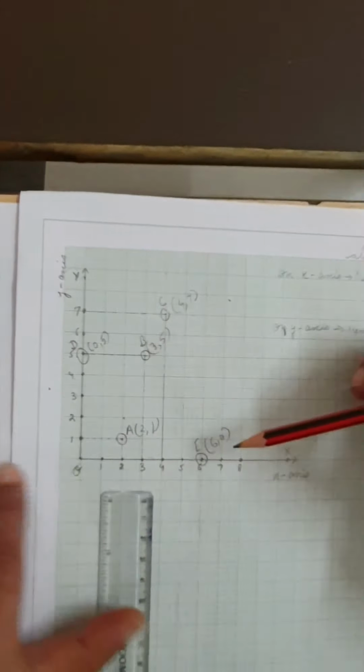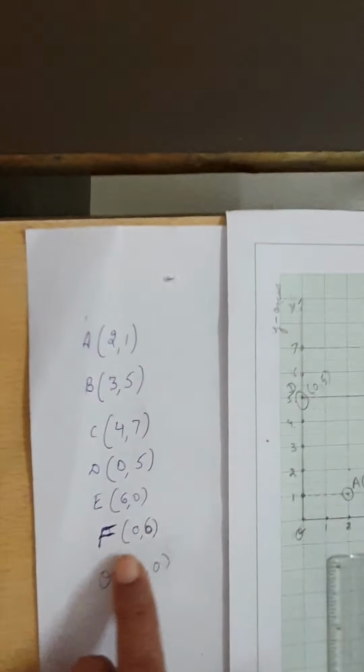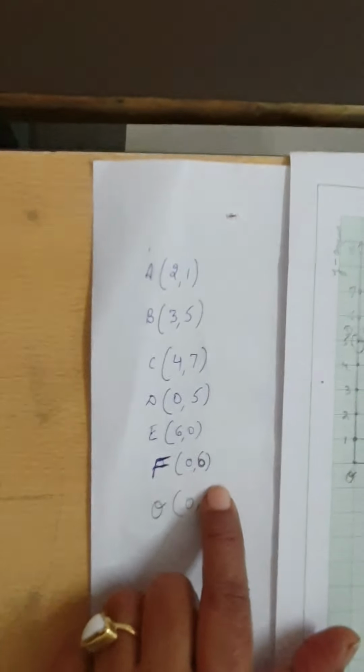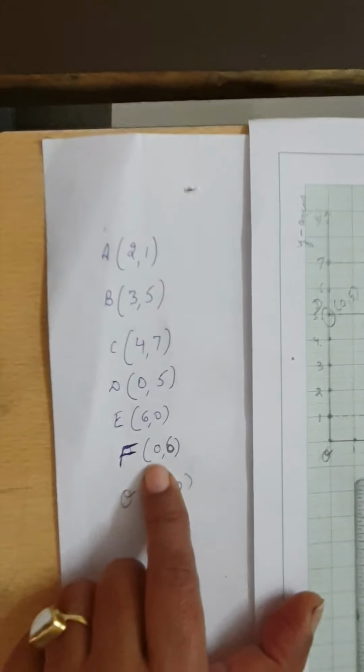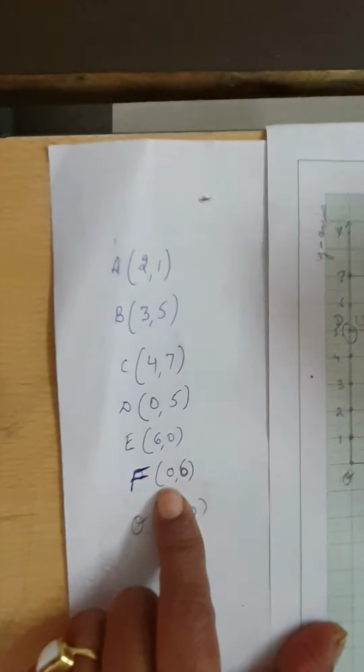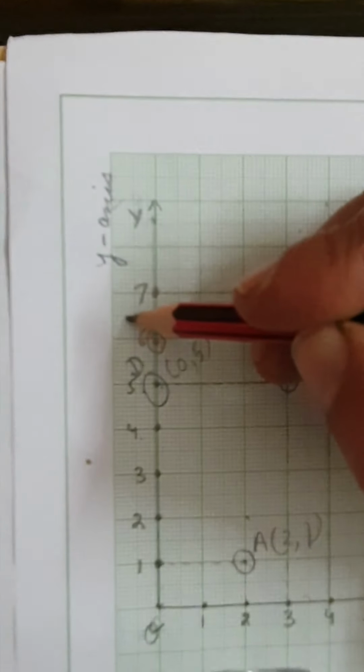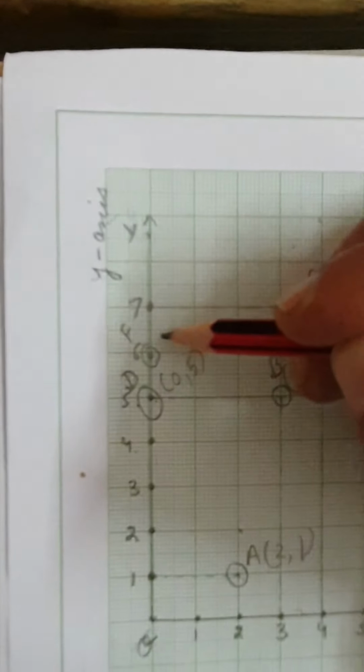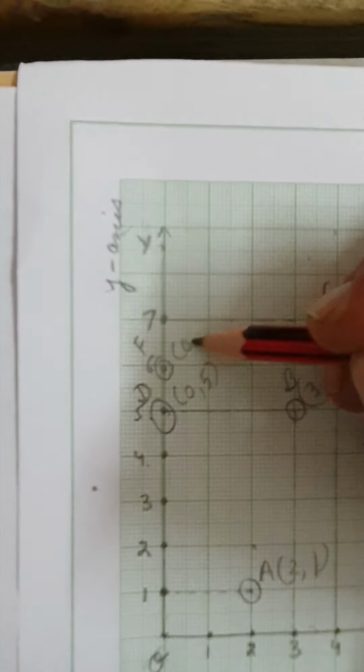So next is F. Coordinates are 0 and 6. So again, 0 gap from y-axis. So it is lying on y-axis, and 6 units gap from x-axis. So this is point F, having the coordinates 0 and 6.